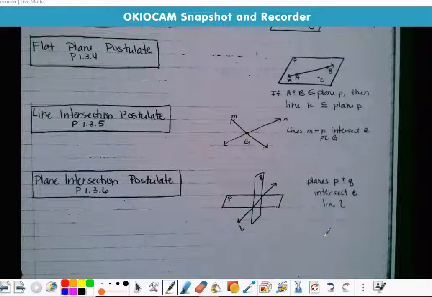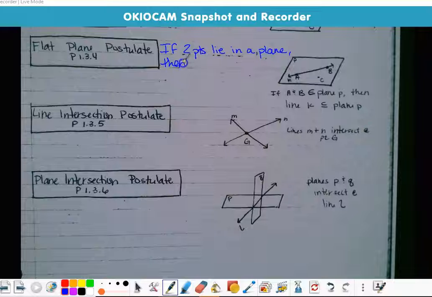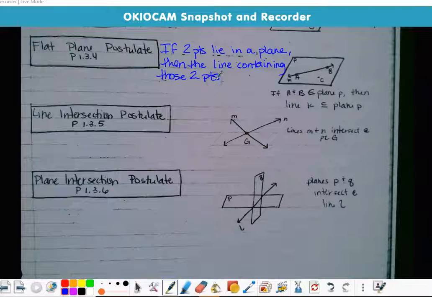So the flat plane postulate: if 2 points lie in a plane, then the line containing those 2 points lies in the same plane.